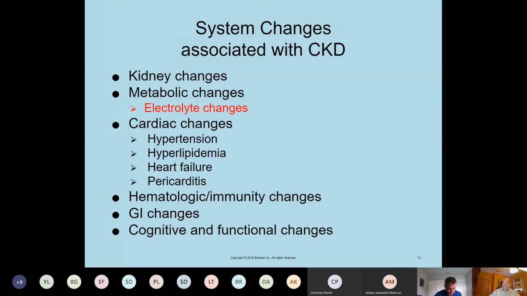Now, as far as GI changes, also read page 1401. Uremia, again, that poison that builds up in your system from CKD, can affect the entire GI system. For example, the normal flora of the mouth changes when these patients develop uremia.